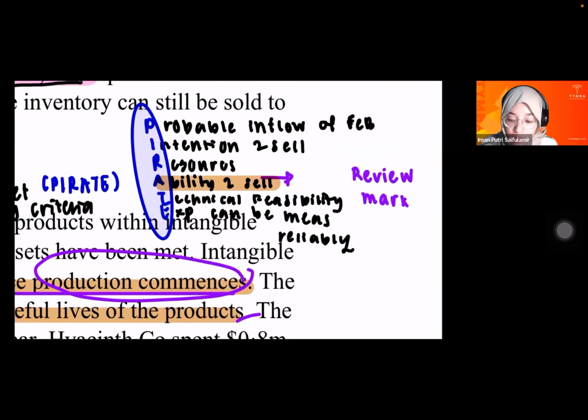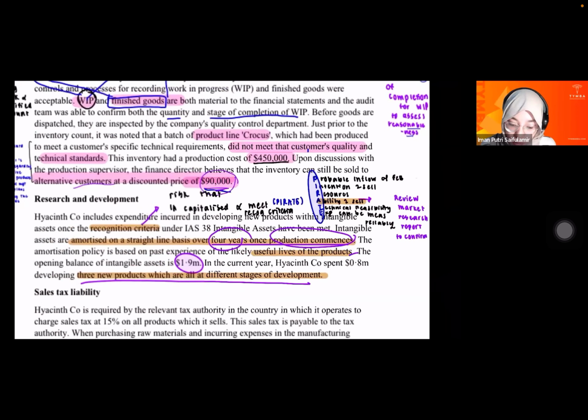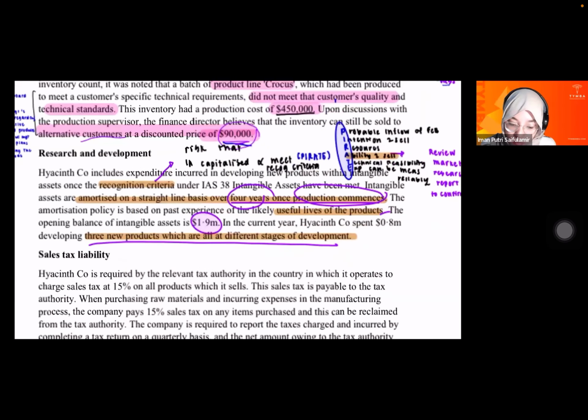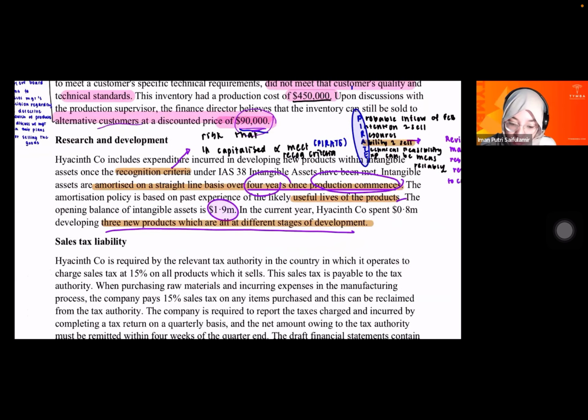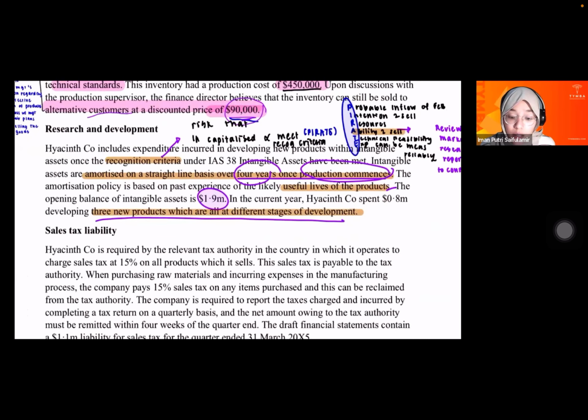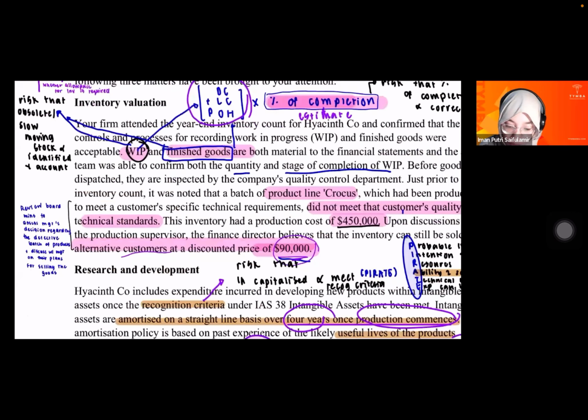Review the market research reports to confirm Hyacinth has the ability to sell what? What product is this? The computing software. Are they selling the software right now?